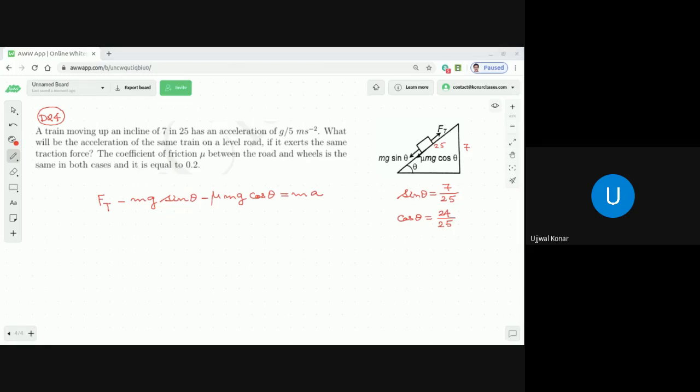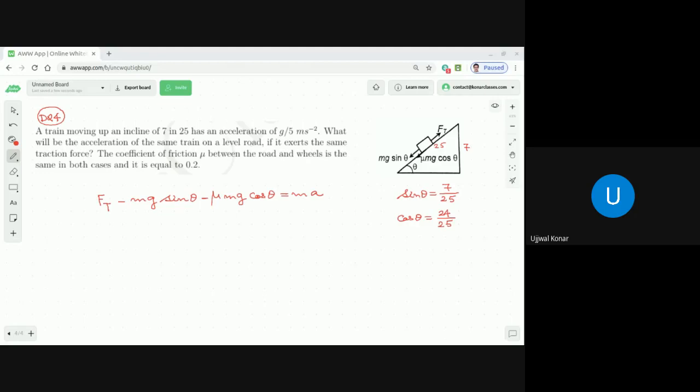So now here you need to find the traction force. g is also given, and the value of sine theta. You can apply all these things and you will find the value of Ft. And I just shared the answer with you. You can work on it.